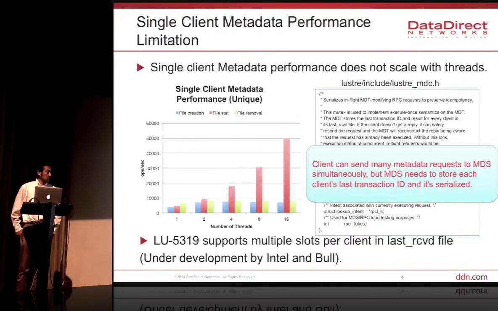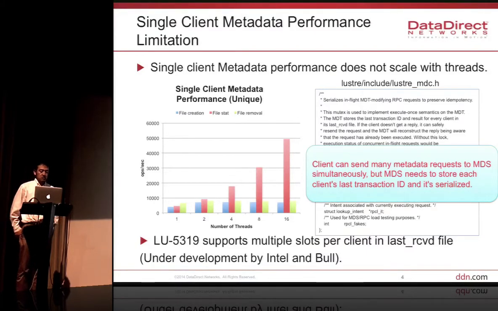The stat operation, that red bar, scales well. However, even as the number of threads increases, file creation and file removal on a single client do not scale, because this is today's Lustre design limitation.